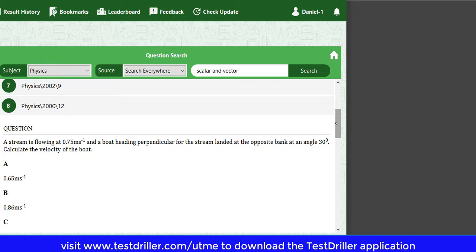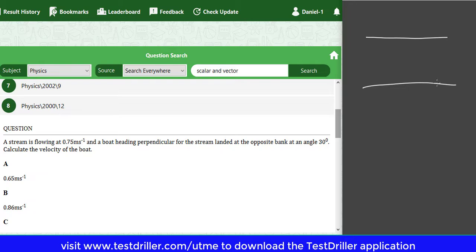Okay, so let's interpret the question. Let's say this is the stream, and the stream is flowing at a particular speed of 0.75 meter per second. We were not told the exact direction, whether it's heading to the left, eastward or westward, so you can pick any direction of your choice.